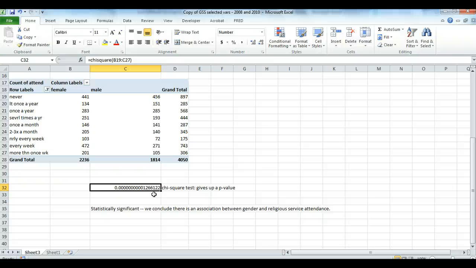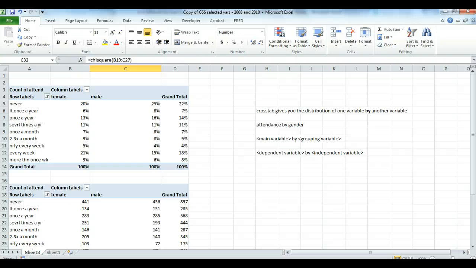If it's not statistically significant, then we say there's no relationship, or no statistically significant relationship. In general, statistical significance basically is saying that the difference that we observe is large enough that we're going to conclude that it really exists.